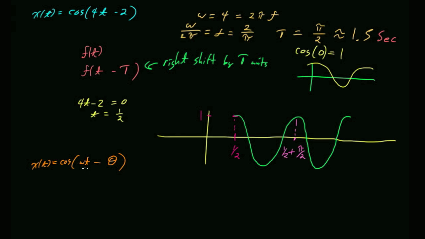There's actually one more change we're going to make in a second, but we'll get to that. We need to know how much to shift it by. I would argue we could take this cosine and rewrite it, factoring the omega out of both expressions. So I'm going to say omega times t minus phi over omega.